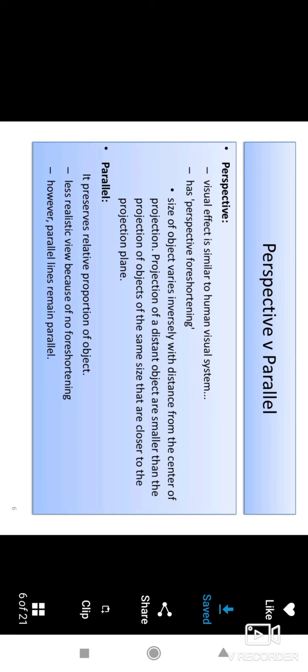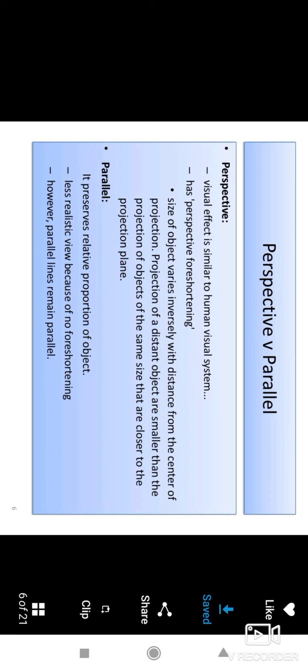So in perspective projection, the image appears similar to our human visual system. What is the speciality of the human visual system? That is, objects which are far away from us are seen to be smaller than objects which are closer to us, isn't it?